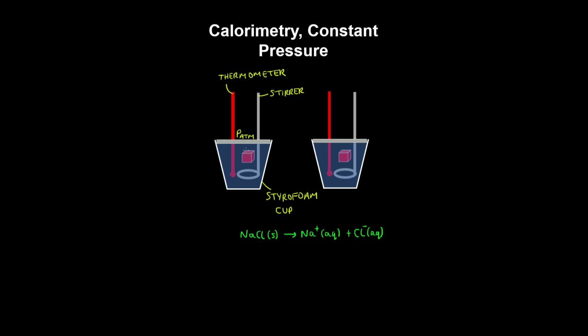So before the sodium chloride dissolves in water, we have an initial temperature reading, and after it dissolves, we have sodium and chlorine ions in the solution, and the dissolution process causes an increase in temperature.